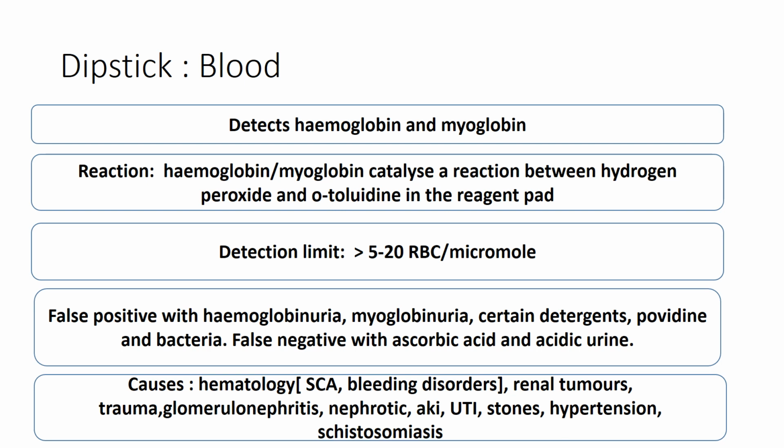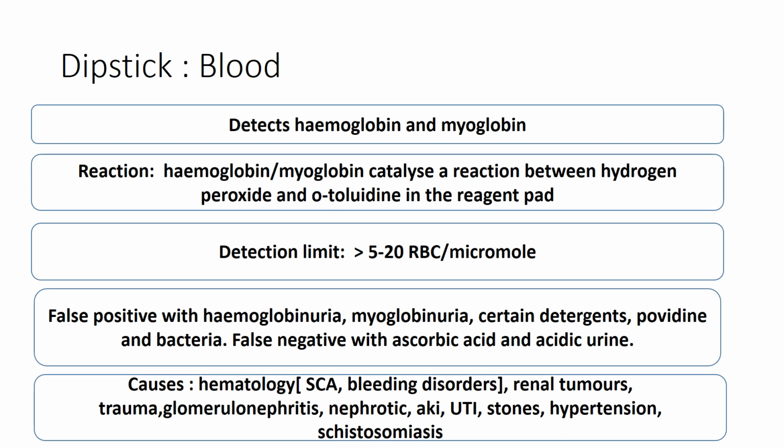hematuria. In patients who have stones, they may end up with true hematuria, patients with hypertension, patients with infections with parasites like schistosomiasis, and even just after exercise, patients may end up with blood.